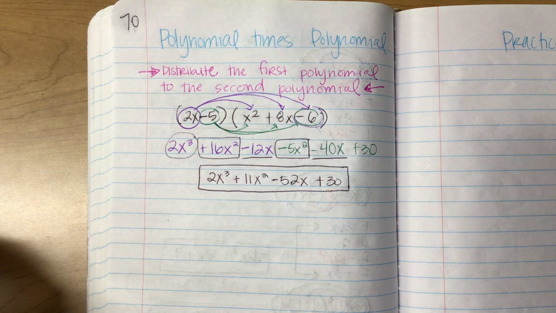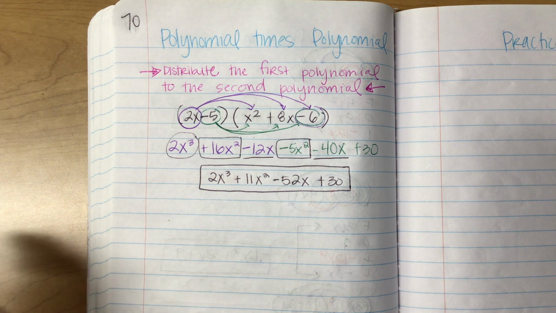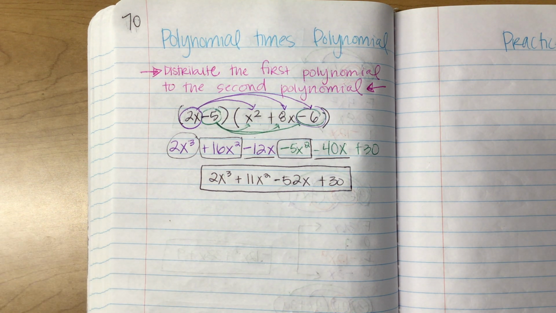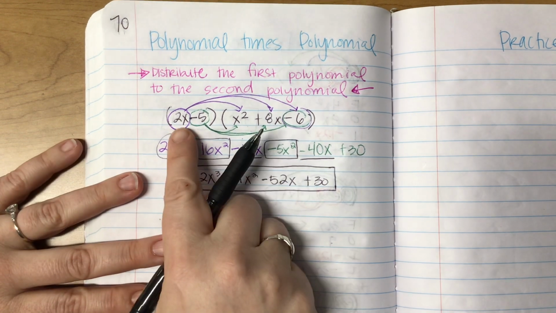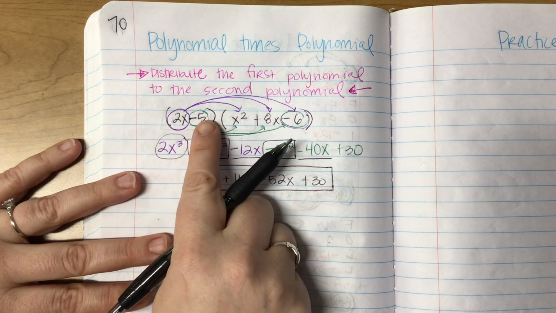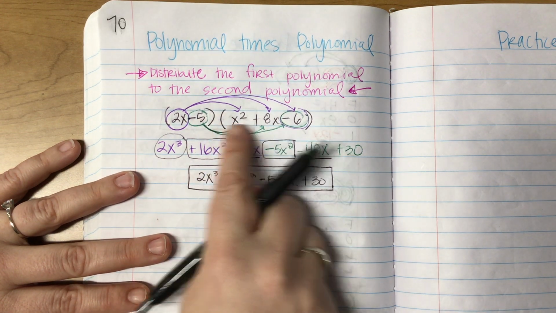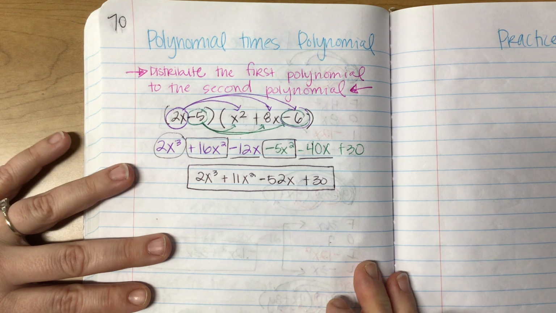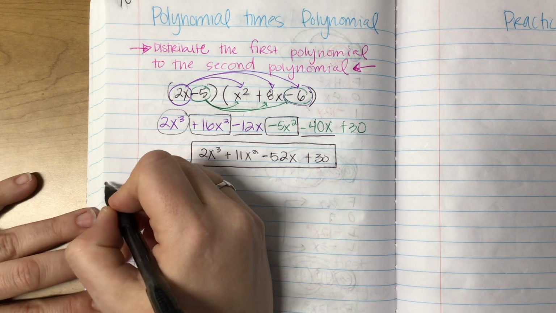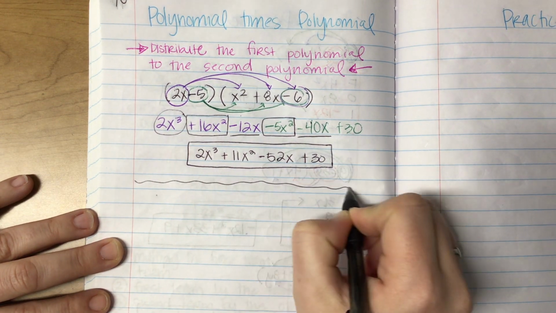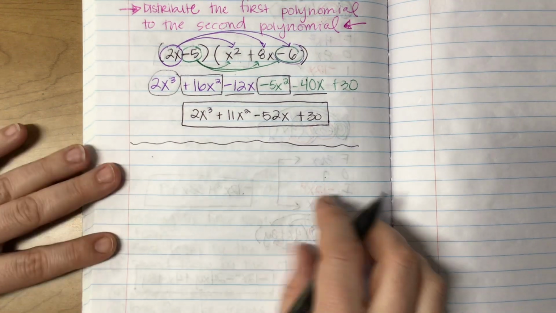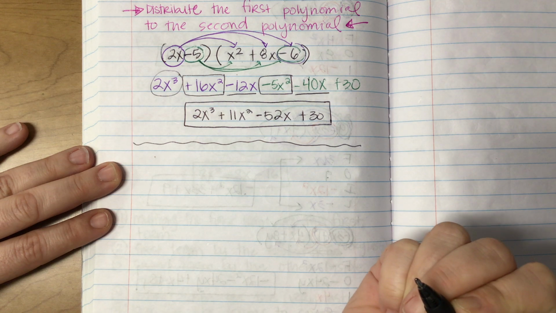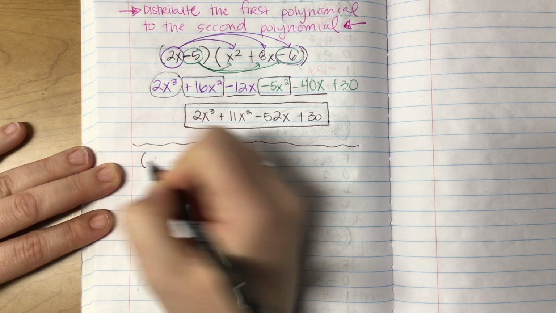So one way is to just distribute and make this long list. Potentially, it gets a little out of control if you have, you know, a trinomial as your first polynomial times a trinomial. So there's another way of organizing our work. And that new way is the table or the grid method. So that looks like this.